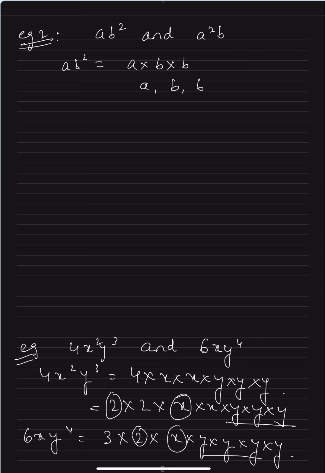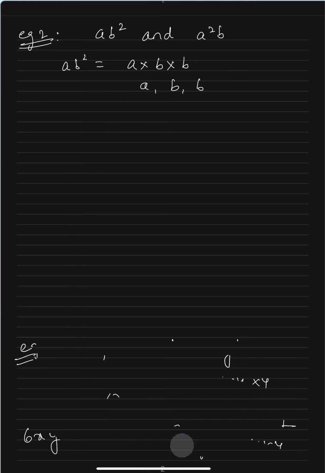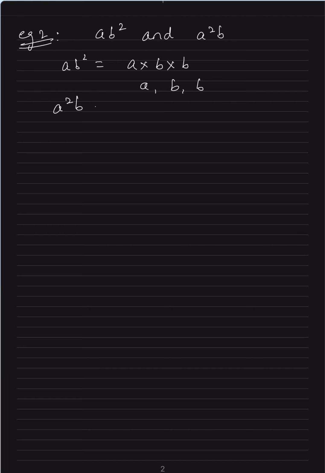Similarly, A square B we can write as A into A into B. The factors are A and B. Okay.